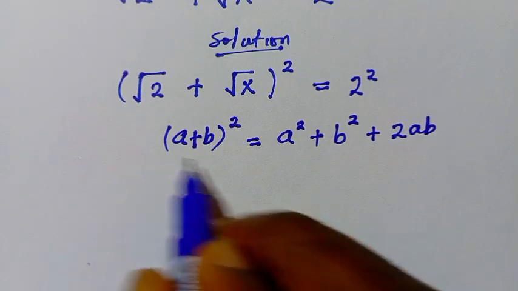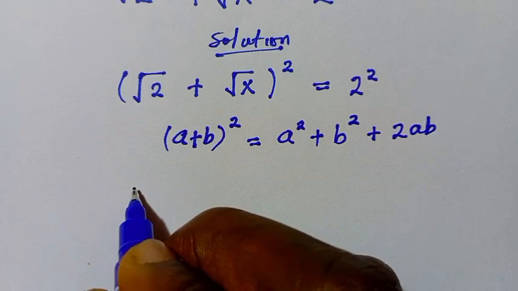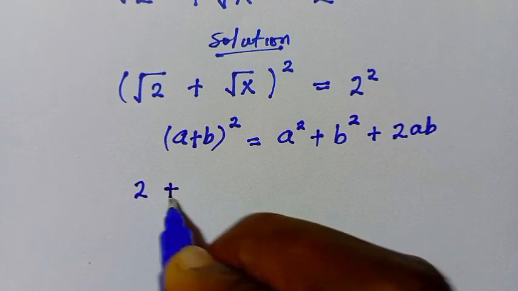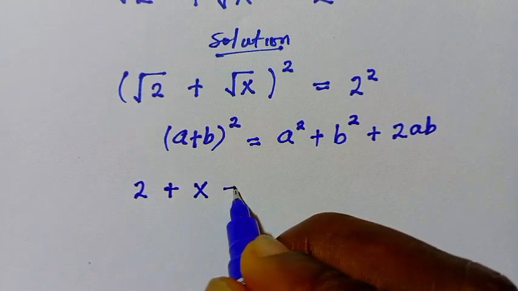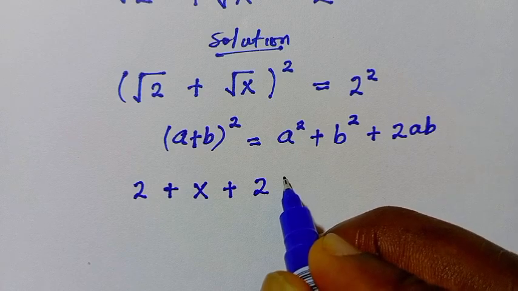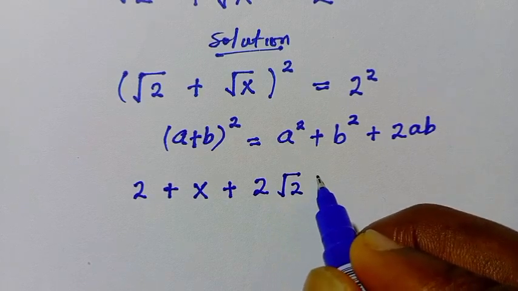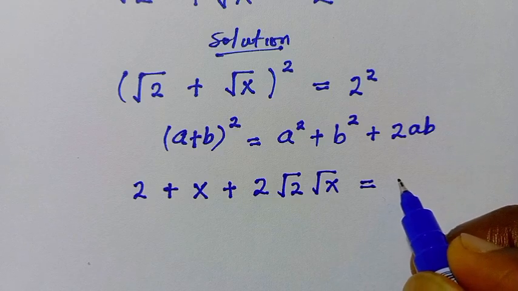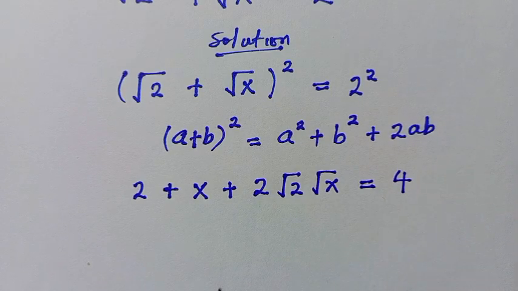So next we have 2 plus x plus 2 multiplied by root 2 multiplied by root x equals 4.